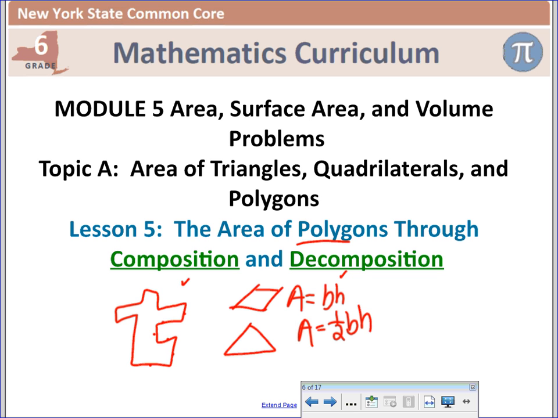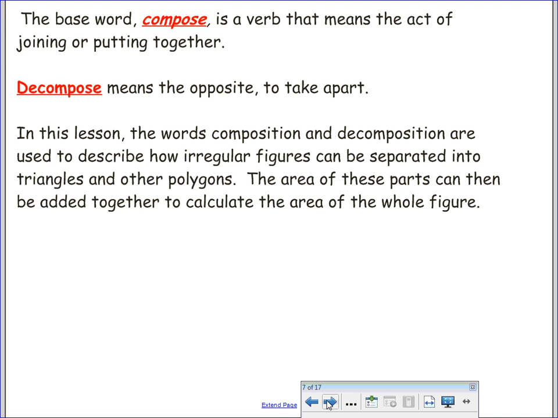And we can use those formulas to help us find the area of other polygons using this thing called composition and decomposition. So the base word compose from composition is a verb that means the act of joining or putting together. And that's what we looked at on the homework. You had that trapezoid.